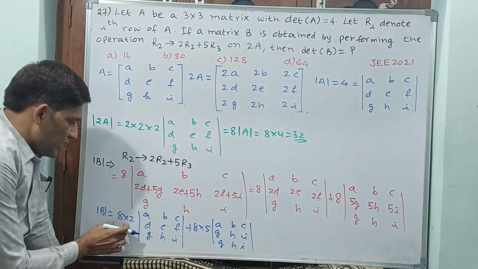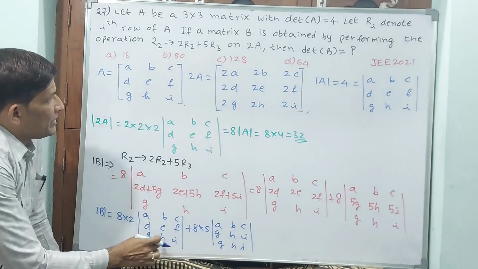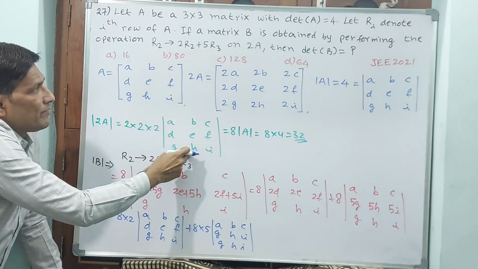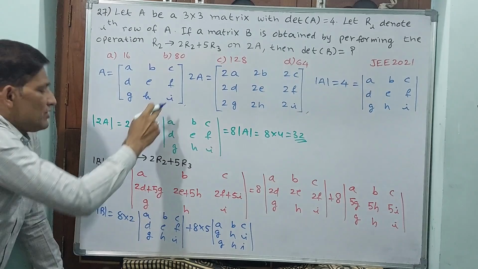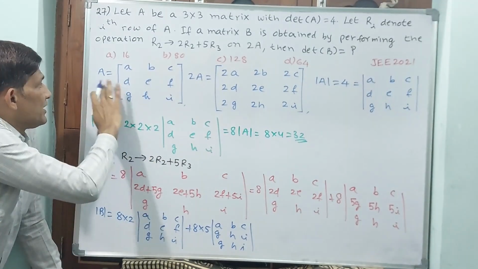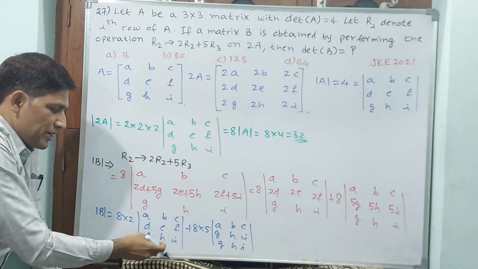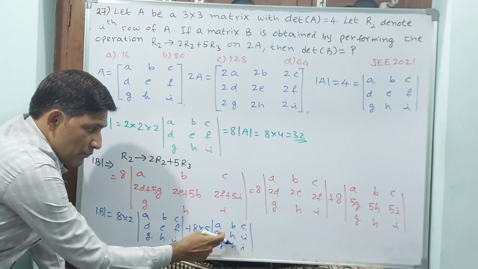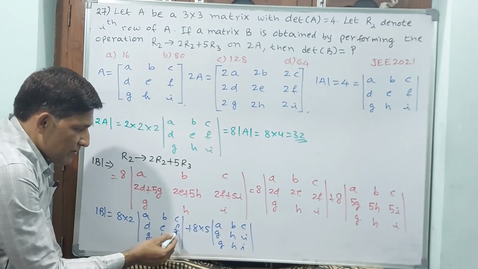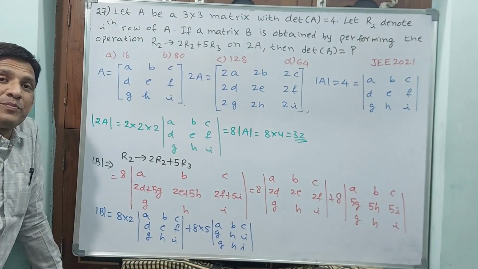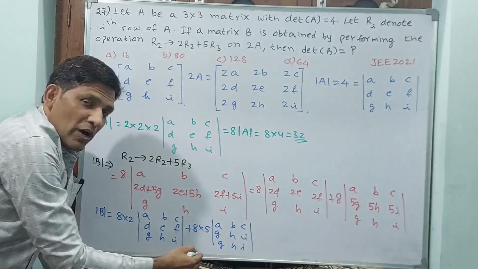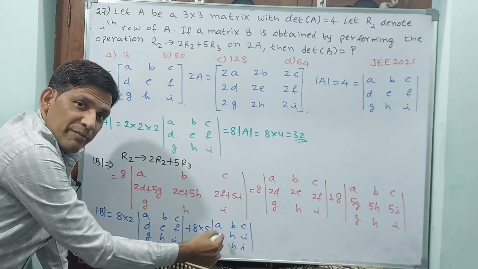Now here 8 into 2, but this has become determinant A. The rows A, B, C, D, E, F, G, H, I give determinant A, so it is 8 into 2 into determinant A. But this is not the case in the second determinant. If you observe carefully, D, E, F is not there, G, H, I is there. And one property of determinants: if any 2 rows or 2 columns are equal, then the determinant is 0. So this is going to become 0.